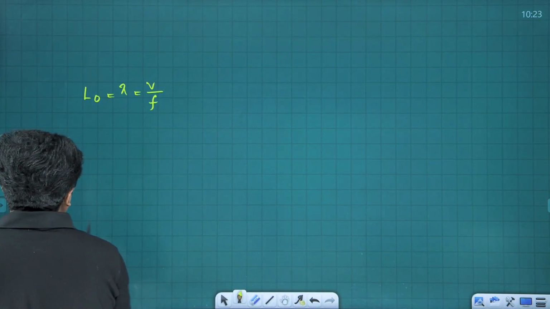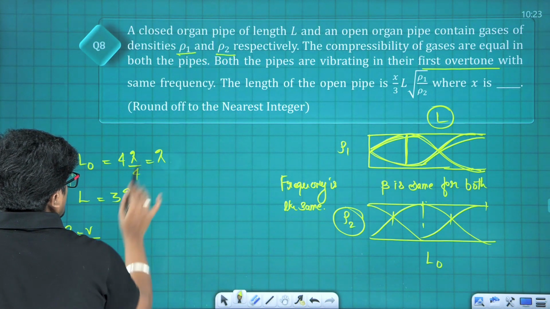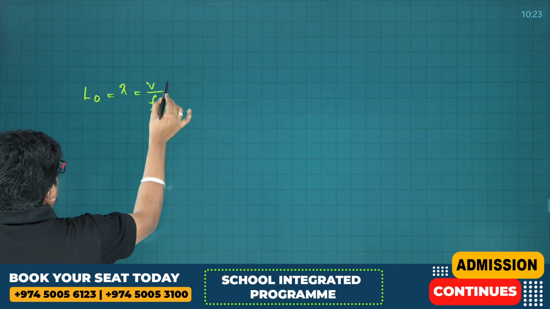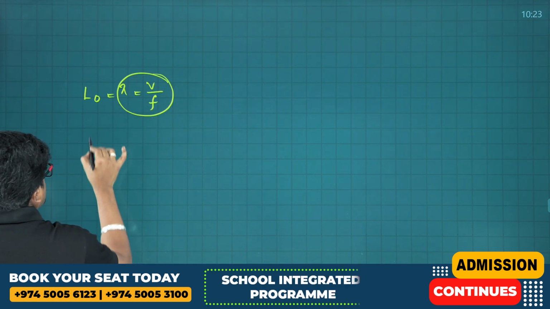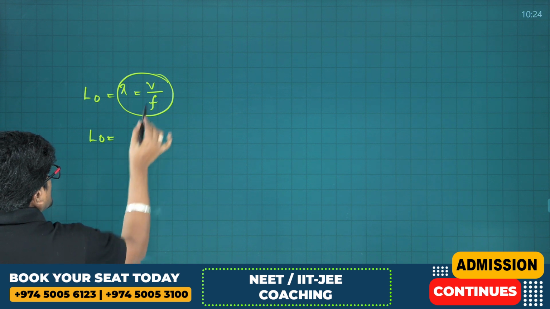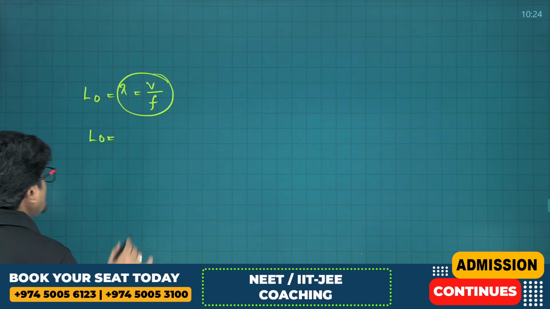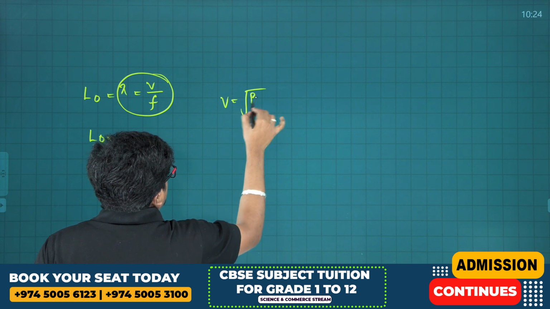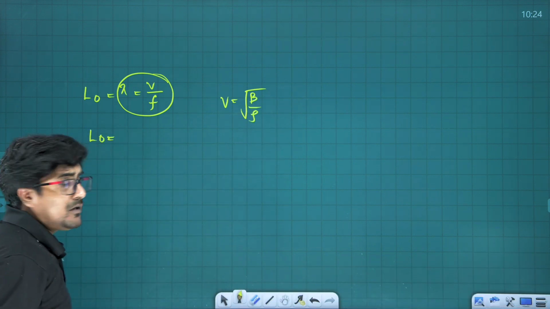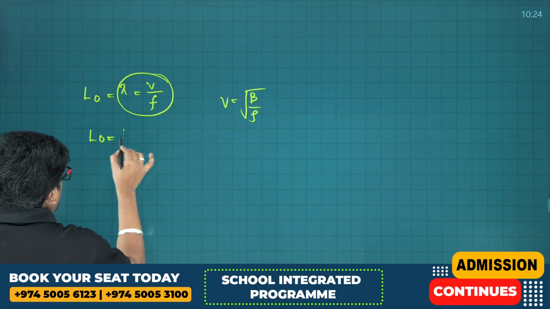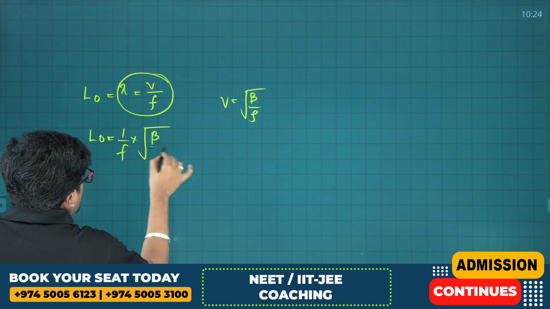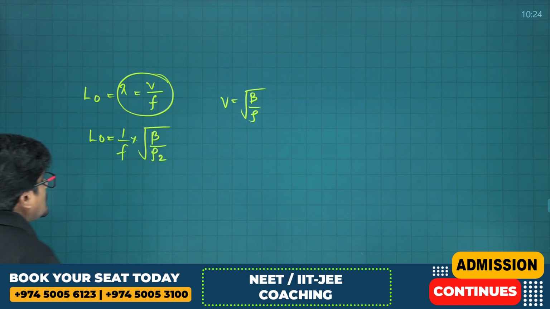So for this particular relation, LO is equal to V by F, and we all know that V is equal to under root of beta by rho. So this is going to be 1 upon F into under root of beta divided by rho 2 for the open pipe.